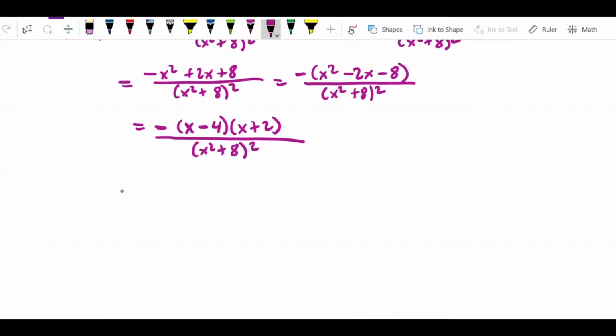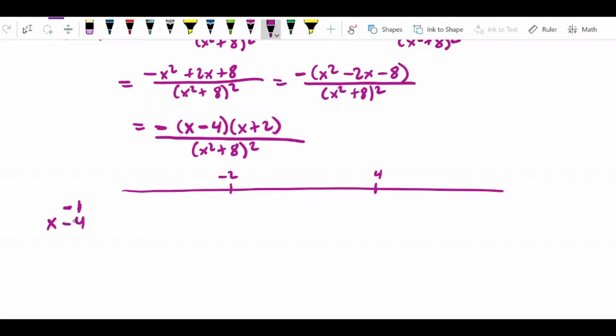So you write a number line and mark where the zeros are, at x equals 4 and x equals negative 2, and then we write in all the factors that can affect whether it's positive or negative. I'm going to leave the denominator out because it's clearly always positive. It's a positive number squared, so it doesn't change anything. What we do have is a constant of negative 1, that's the minus sign, and we have x minus 4, and we also have x plus 2.